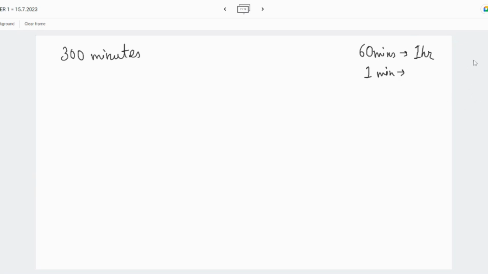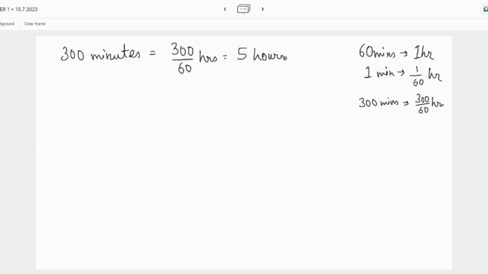Now for that, simple unitary method: 60 minutes means 1 hour, so 1 minute means 1 by 60 hour. Obviously I divide it. Then 300 minutes, I'll again multiply 300, so 300 divided by 60 hours.